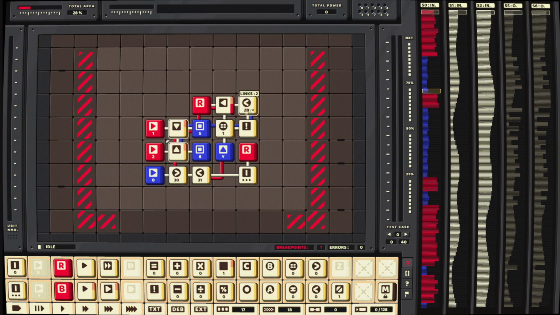But I think everything in this loop I could reorient if I wanted. Like I could phase shift it.